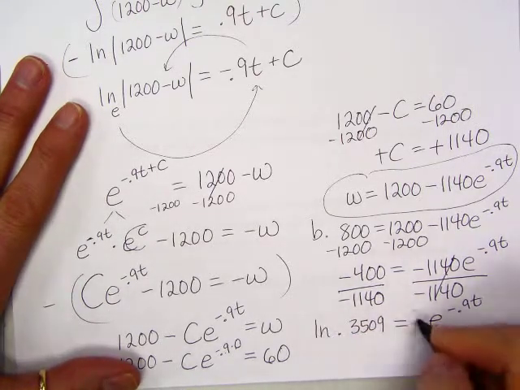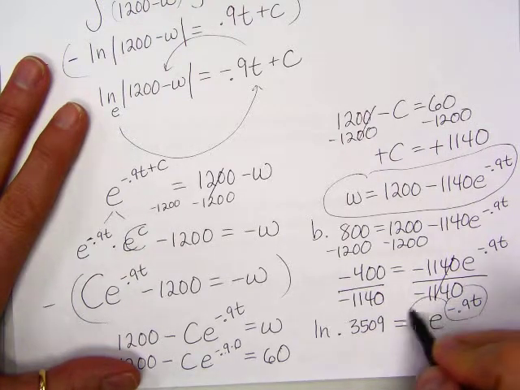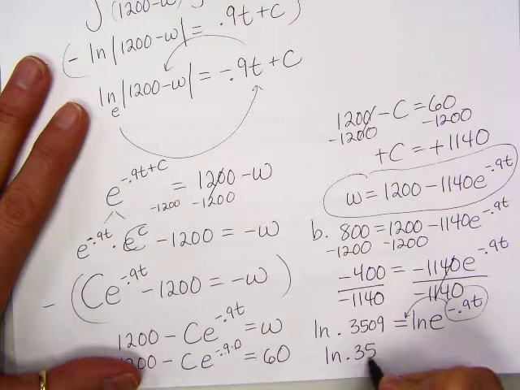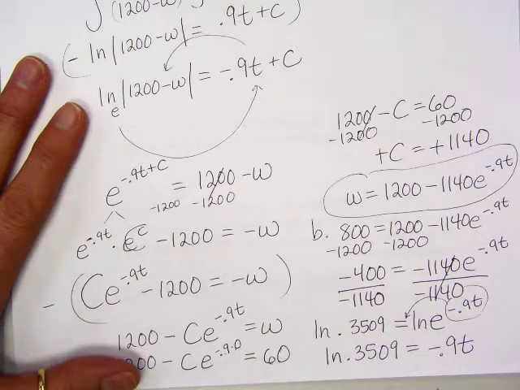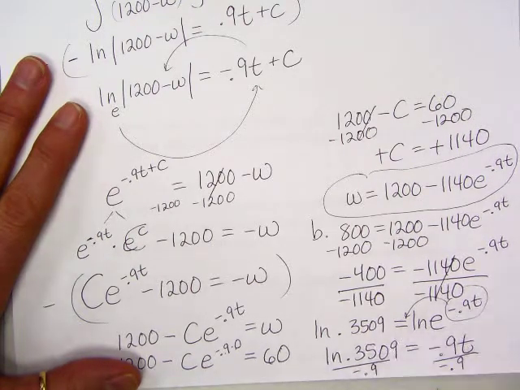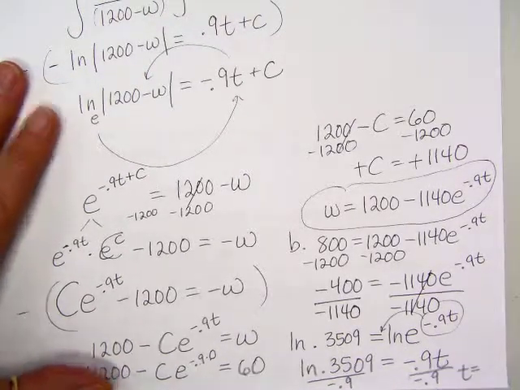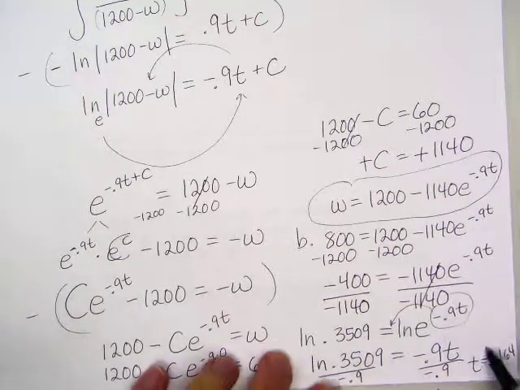Take the natural log of both sides. That allows this power to jump out front. So we end up with the natural log of 0.3509 equals negative 0.9 t. The natural log of e is just 1. Then divide by negative 0.9. And t equals about 1.164 years.